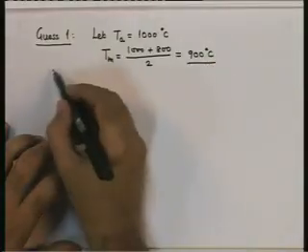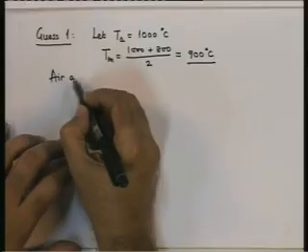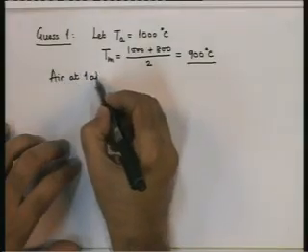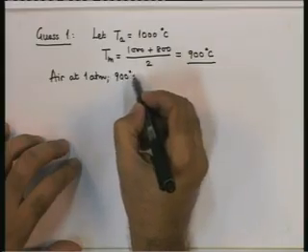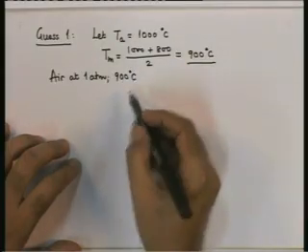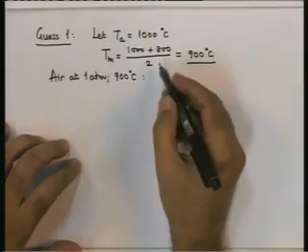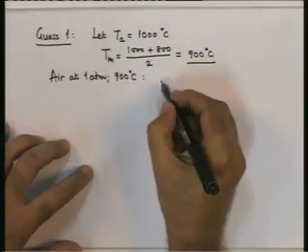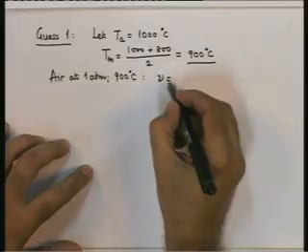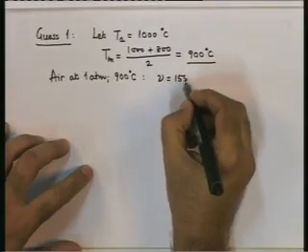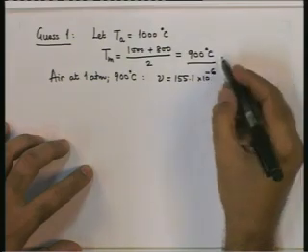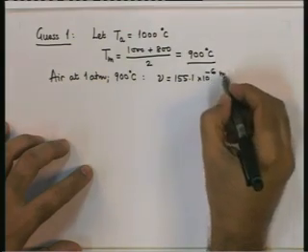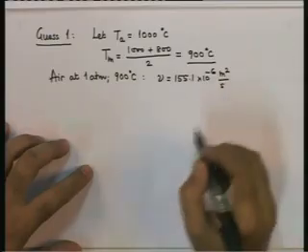Now for air at 1 atmosphere, 900 degrees C, we will list out the properties. Nu is 155.1 into 10 raised to minus 6 meters square per second.